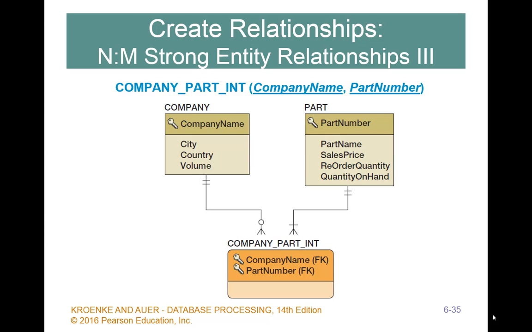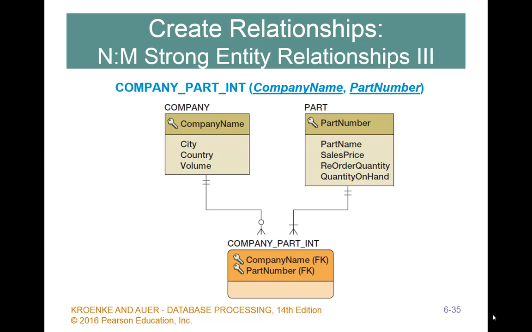The next slide here shows us what we've done in regards to creating that intersection table. So again, we had a many-to-many relationship between company and part, and what we've turned that many-to-many relationship into is two one-to-many relationships with our intersection table.